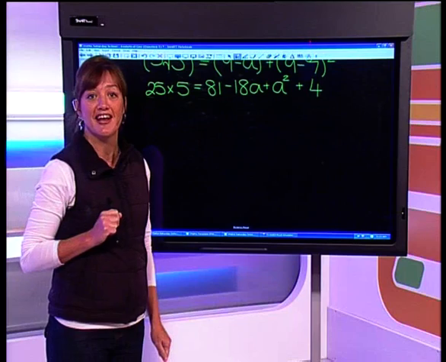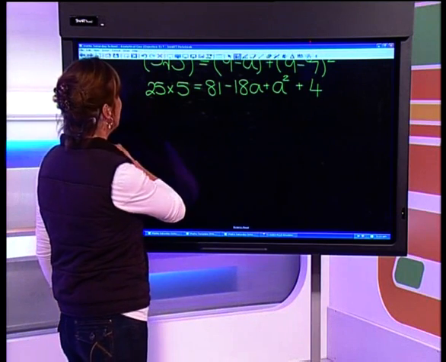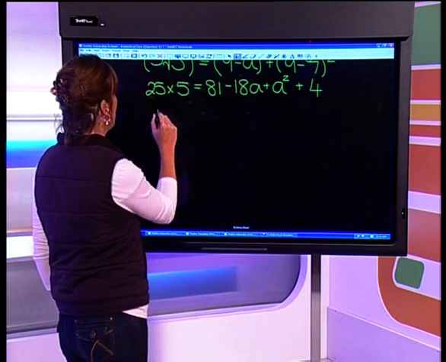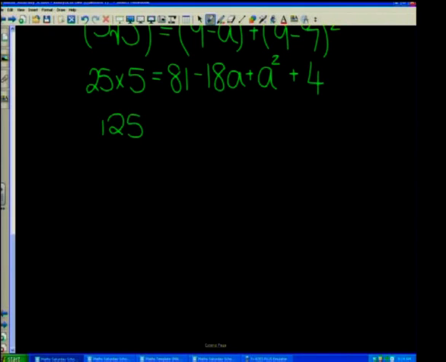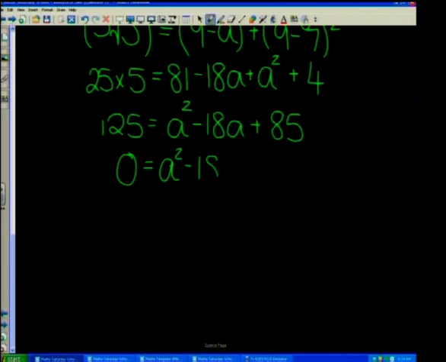Let's just times everything out a little bit more. 25 times 5, that's going to be 125. We have got an a squared over here. We've got negative 18a. And we've got 81 plus 4, which is going to give us 85. Okay. What we're now going to do is let's bring everything over. So I've got 125 over. And we've got a squared minus 18a plus 85.